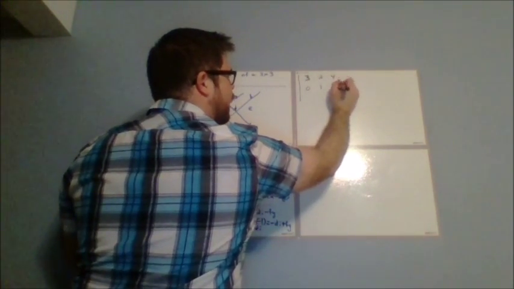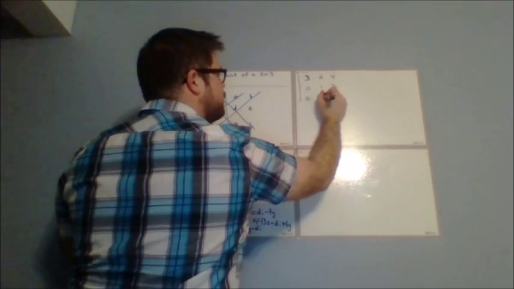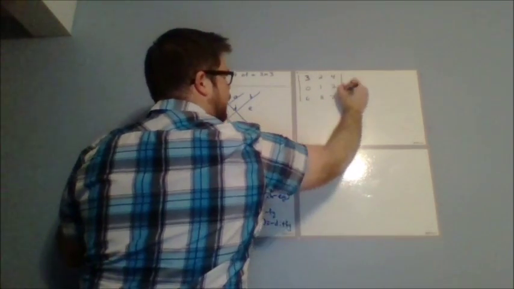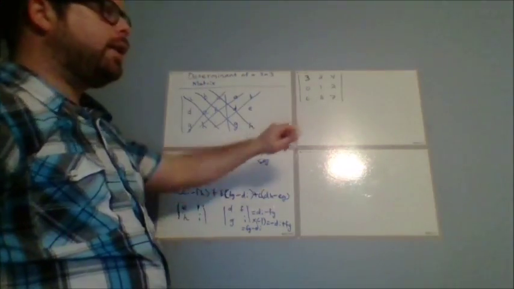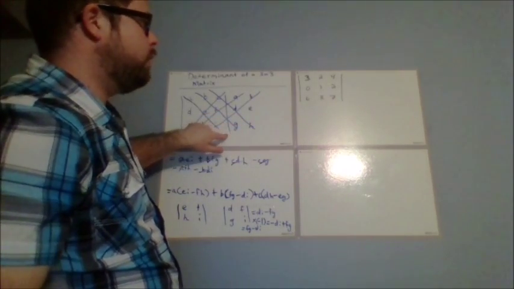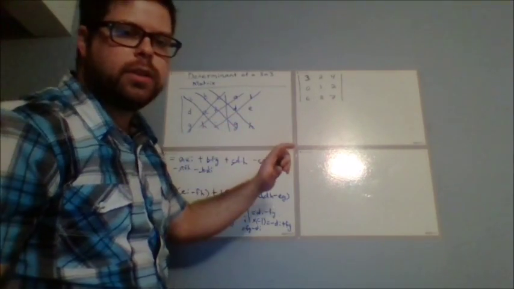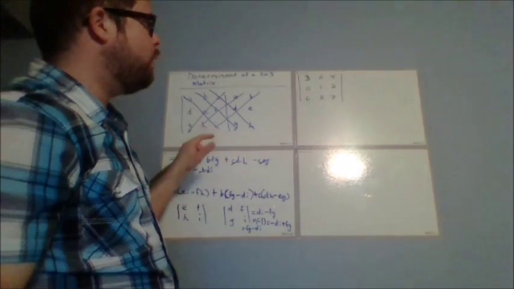So I'm going to write out this matrix here, and I'm going to get the determinant using this device, just because I want to show you why I don't like this device.